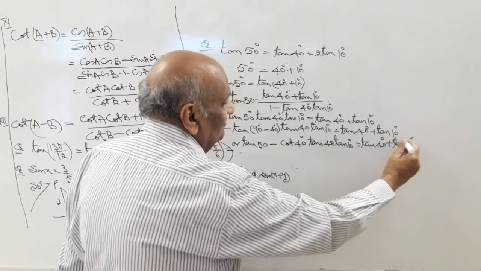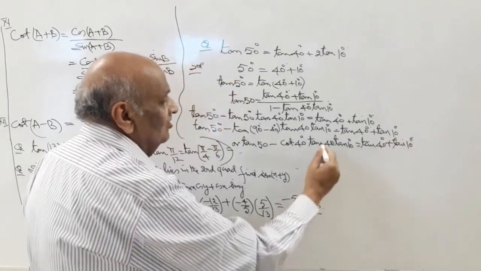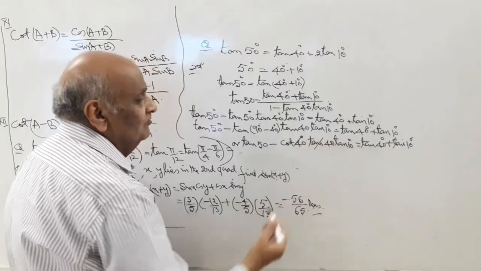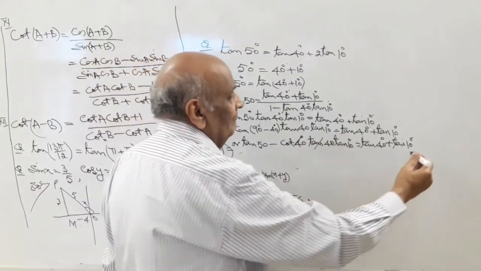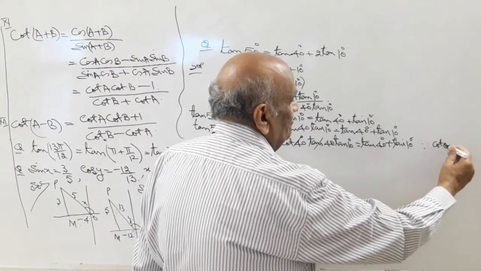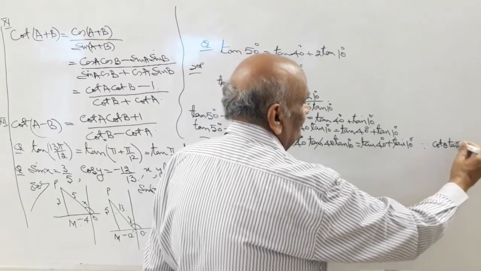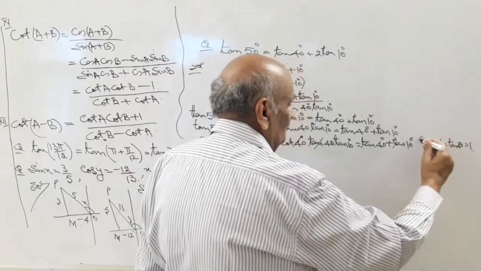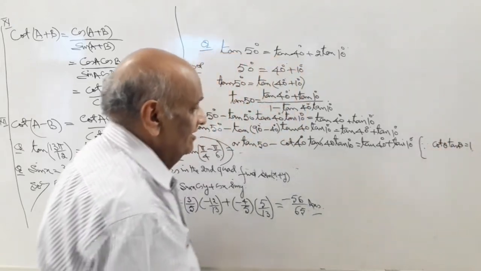Now, tan into cot is 1, because cot theta into tan theta is 1, as you know that cot is the reciprocal of tan.